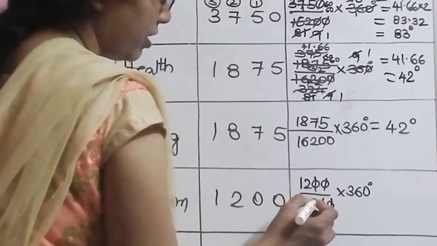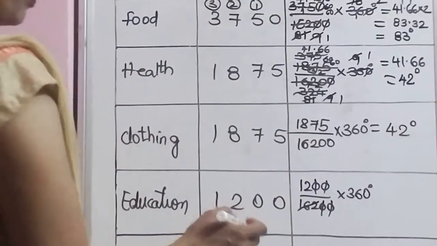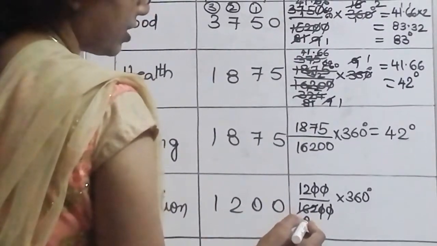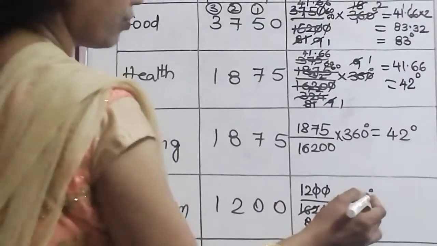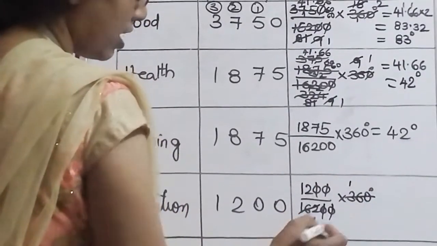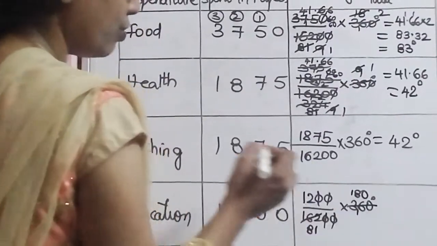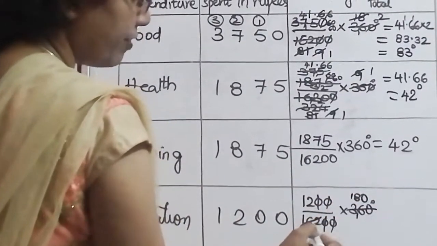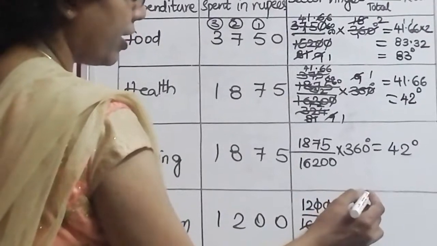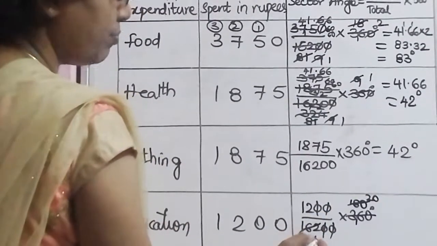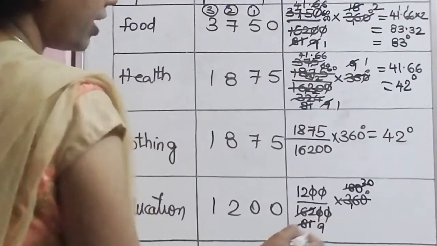Now let us cancel using the 2 table. 2 8s are 16, 2 1s are 2. Now 2 1s are 2, 1 is the remainder, 2 8s are 16 and 0. Now both are divisible by the 9 table. 9 2s are 18, 20 times. 9 9s are 81.